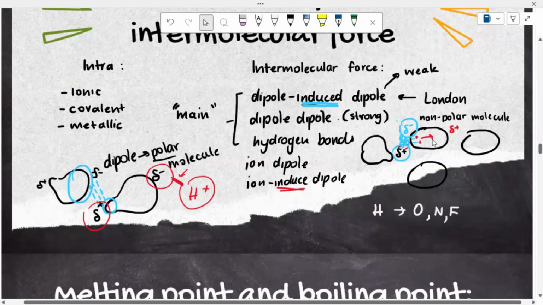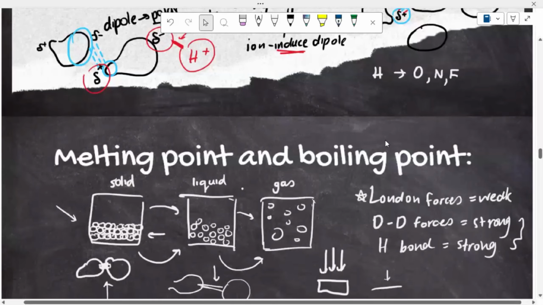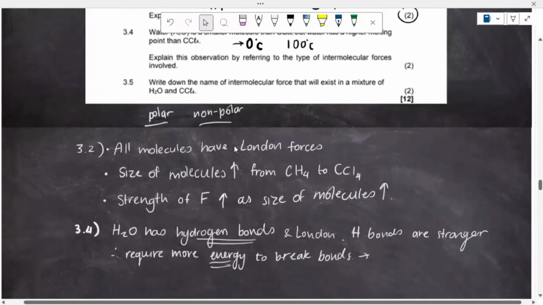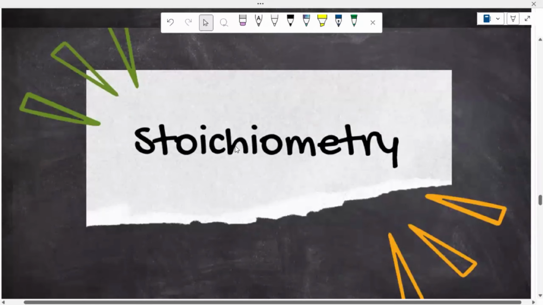So this one can temporarily and momentarily induce polarity in this one, which will then have that force of attraction between them, right? So the answer for 3.5 would be dipole-induced dipole forces. Okay, so that's it for intermolecular forces.